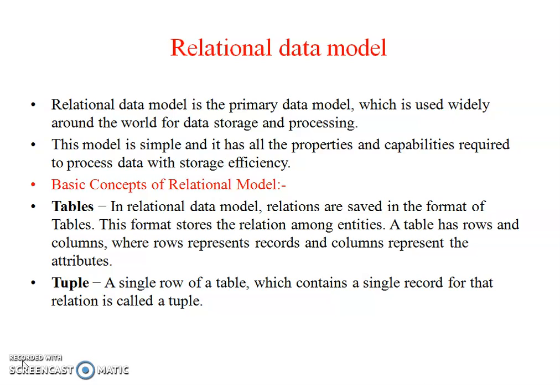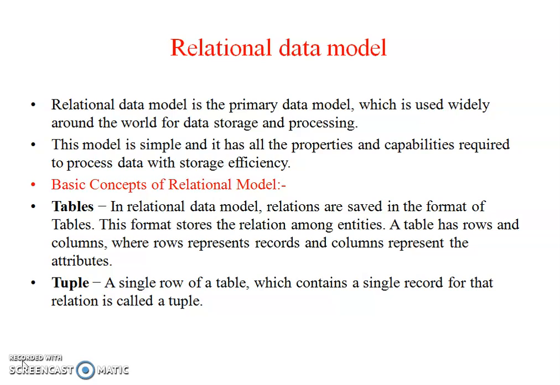Next basic component is the tuple. A tuple is a single row of the table, and it contains a whole record of a particular data item. For example, in a student table, the entire information about a particular student, like roll number, name, marks, etc., is included in the tuple.